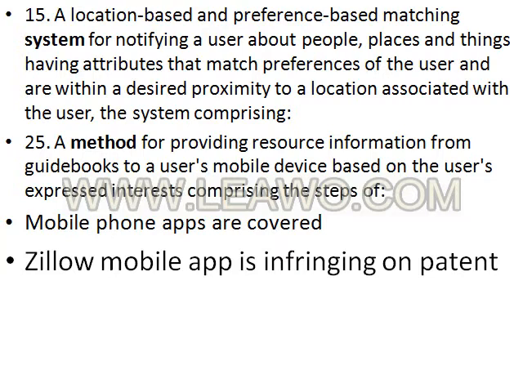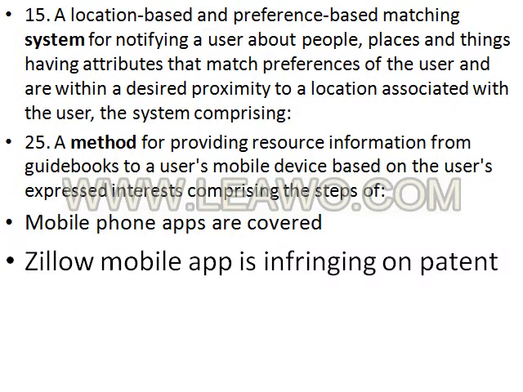The system comprising of, and there are obviously more descriptions. Number 25 is a method for providing resource information from the guidebook to a user's mobile device based on the user's expressed interest, comprising the steps of, and there are obviously more descriptions.